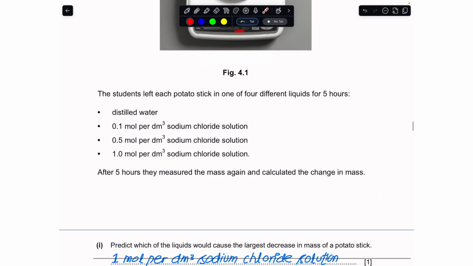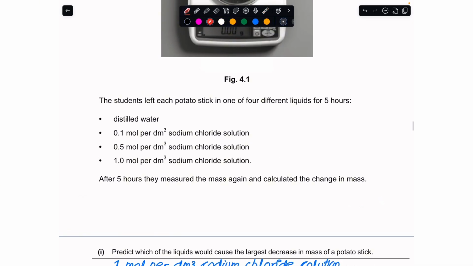Moving onward, what they say is that these students left each potato stick in one of 4 different liquids for a total of 5 hours. If you look here, we have distilled water, we have 0.1 mole per dm cube sodium chloride solution, then 0.5 mole per dm cube, and at the last we have 1.0 mole per dm cube sodium chloride solution.